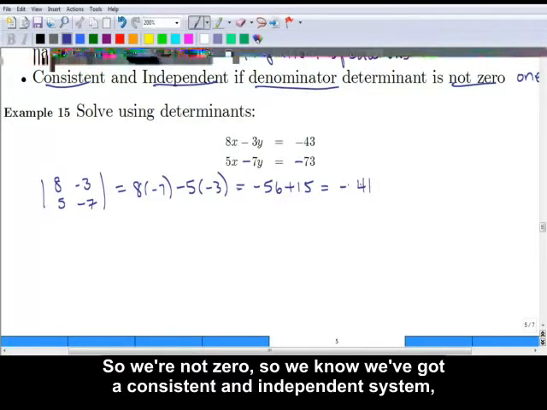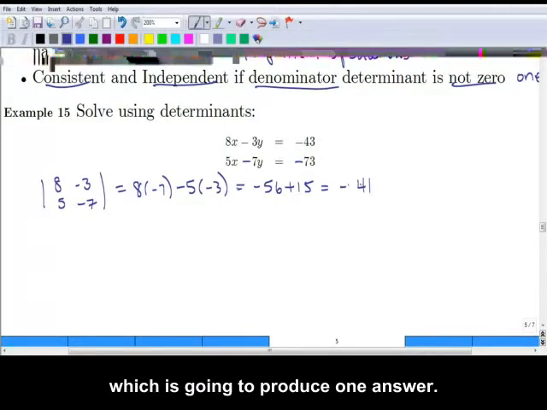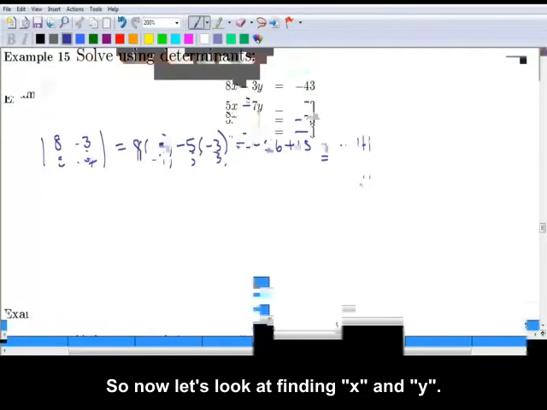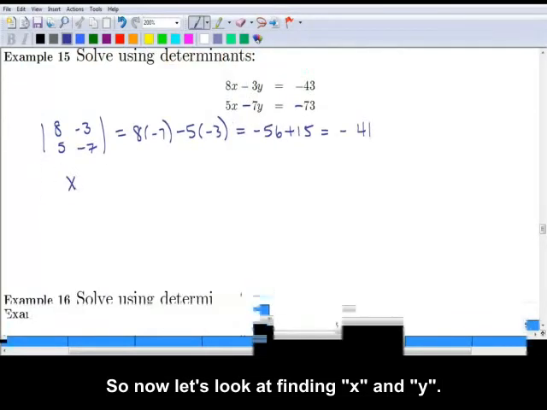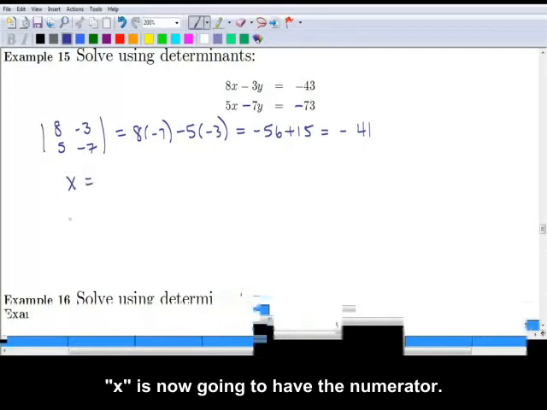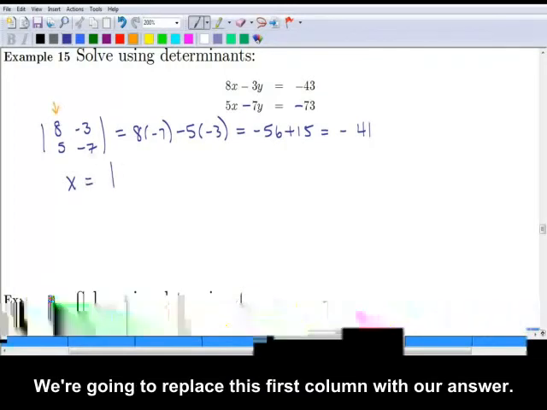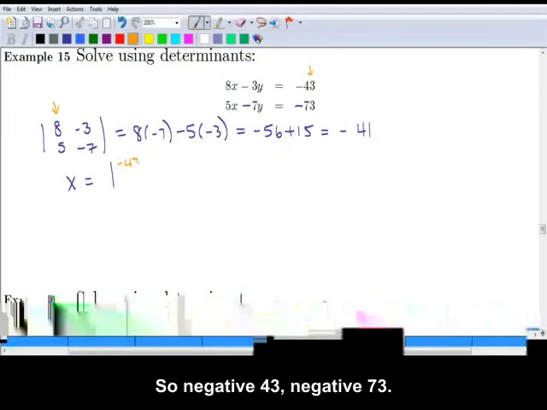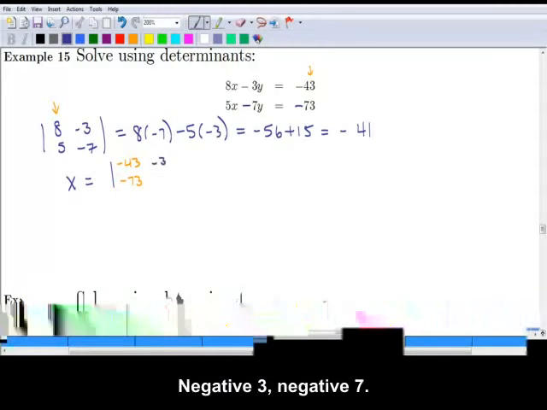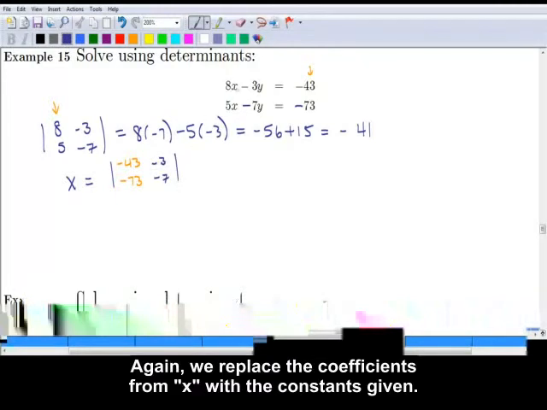So we're not 0, so we know we've got a consistent and independent system, which is going to produce one answer. So now let's look at finding x and y. X is now going to have the numerator. We're going to replace this first column with our answer. So -43, -73. We keep the second column, -3, -7. Again, we replace the coefficients from x with the constants given.